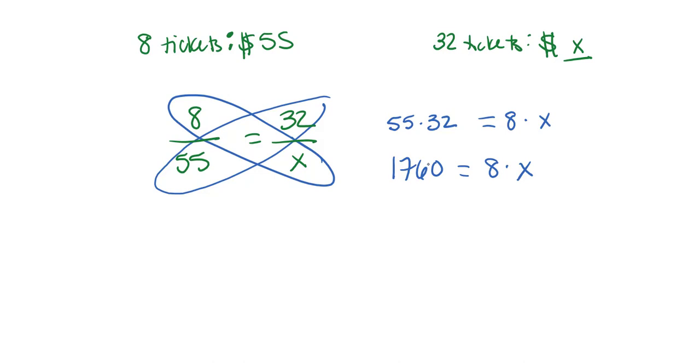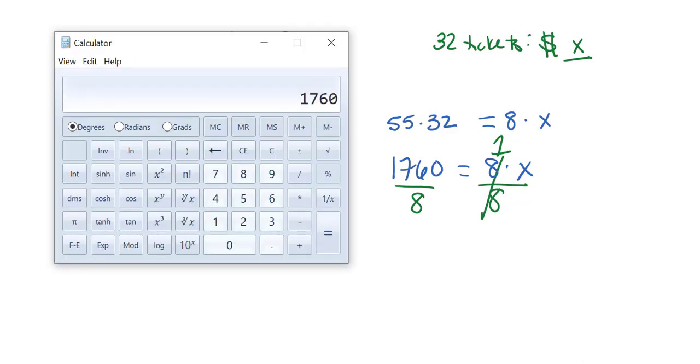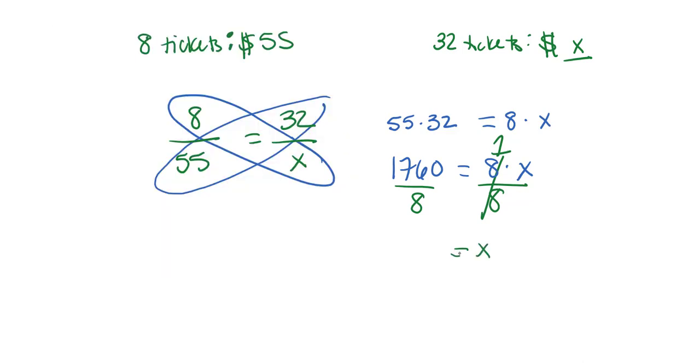In order to solve for that, we just need to divide by 8 on both sides. This just becomes 1, and then we divide 1,760 by 8, and we get 220. So that would be the price of 32 tickets.